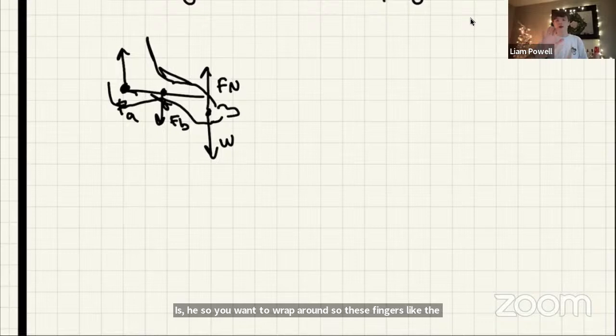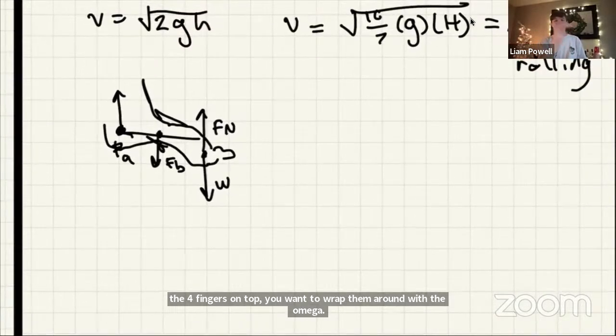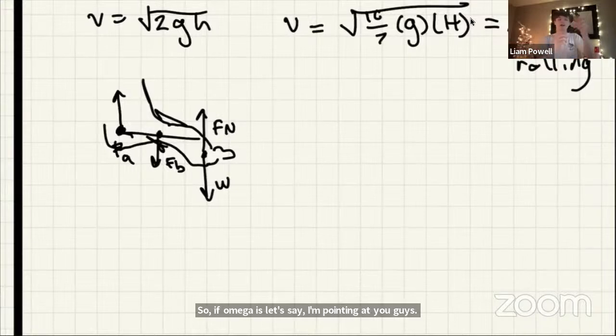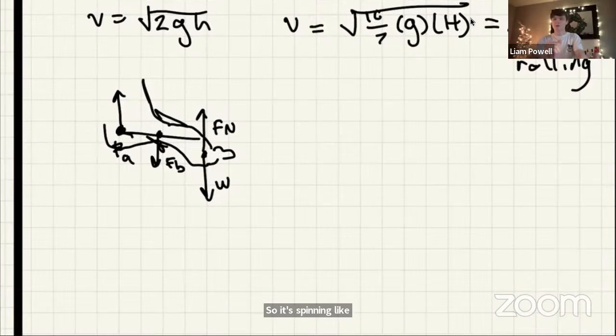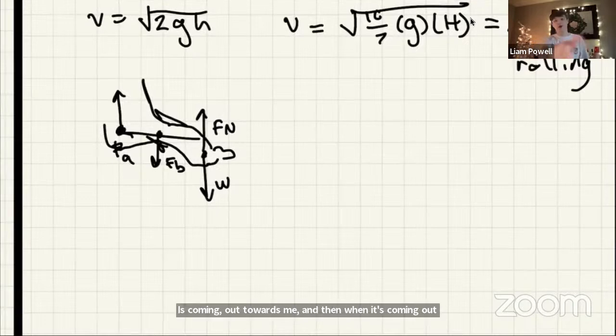So let's say I have a bike here that's spinning like this, right? I'm not sure if it's flipped where you guys are looking at, but the omega is coming out towards me. When it's coming out of the screen, it's positive. If it's rotating the other way and going into the screen, or into you guys, it would be negative.